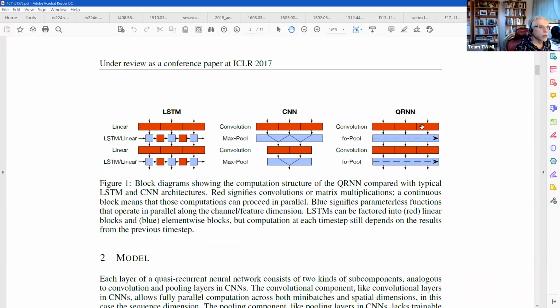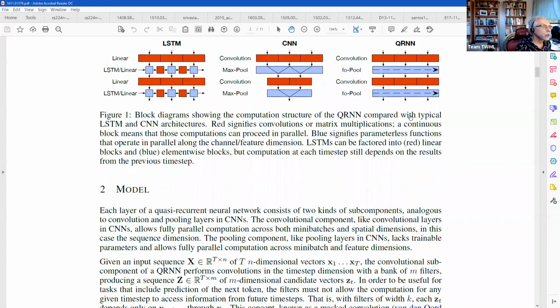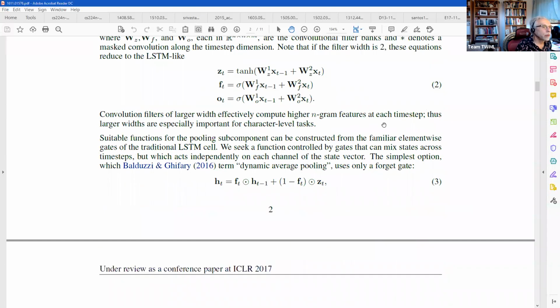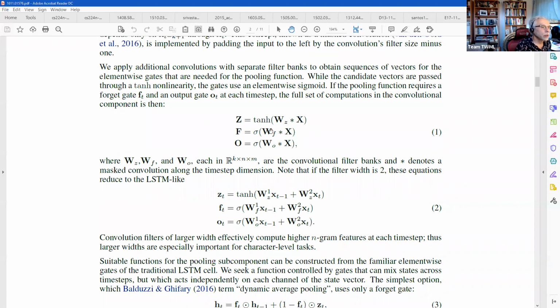Okay, I don't really understand this. I don't really understand what a QRNN does. They give you all the familiar looking equations. You know, this would be like an activation function of some sort. This is like a linear layer, and they're leaving out bias. So these are maybe, not sure what the Z, F, and O are, but we can recognize them as linear layers, though.